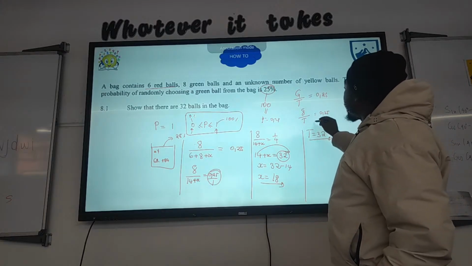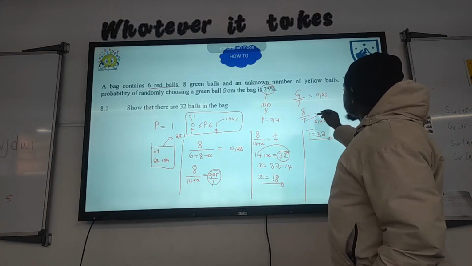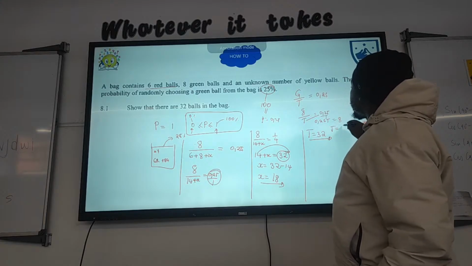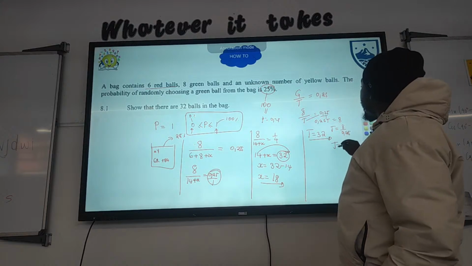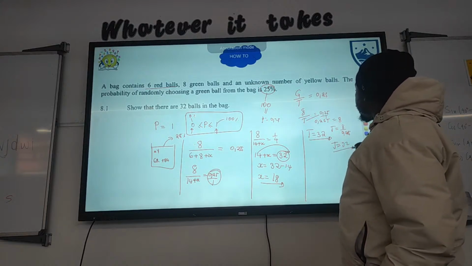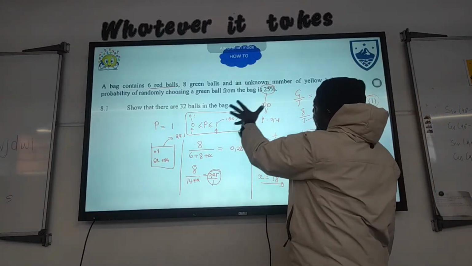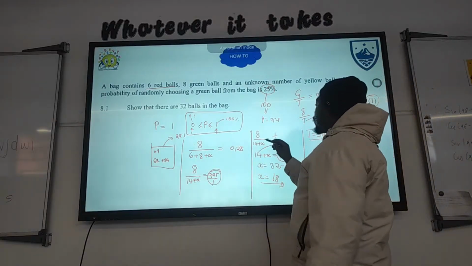This will be the same as 0.25 multiplied by t must give me 8, then t will simply be 8 divided by 0.25, and then our t will simply be 32.